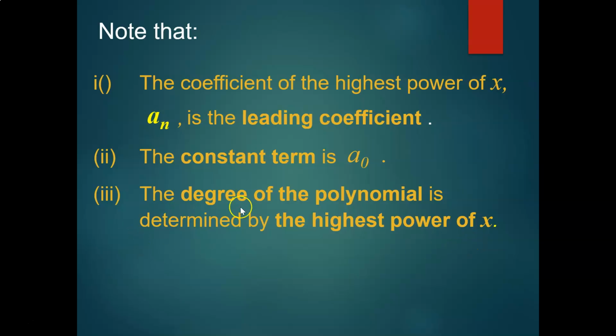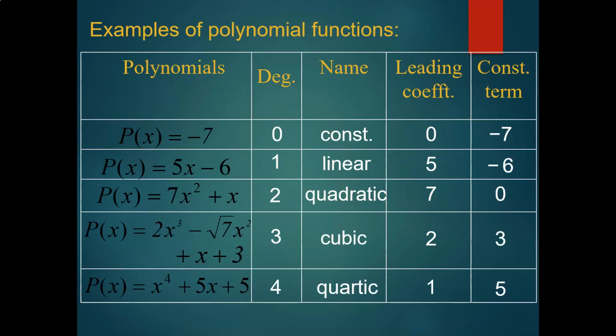Dia kata degree of the polynomial tu kita tentukan dengan melihat kepada apa power yang tertinggi untuk x tu. Okay, so kita ada all these three specific things that you need to understand. Okay, so don't worry. Let's see the example of a polynomial function so that you can get a clear picture of what we have just now.